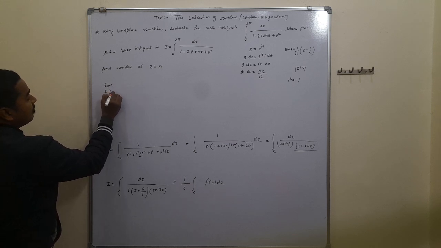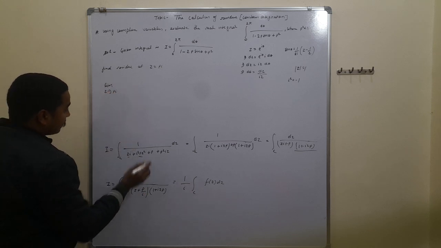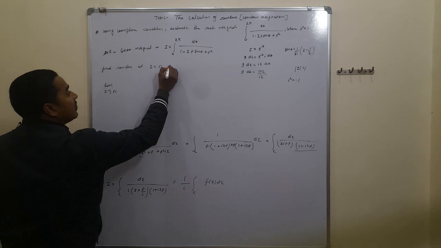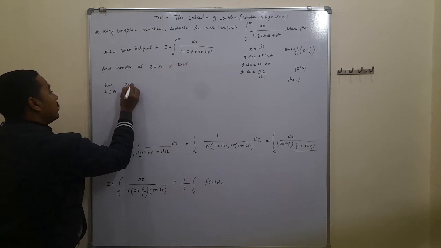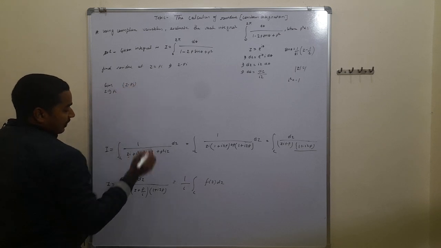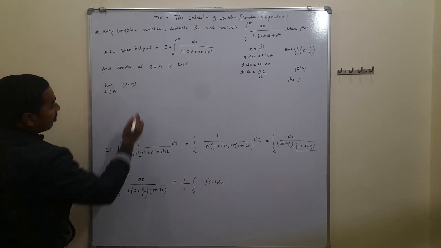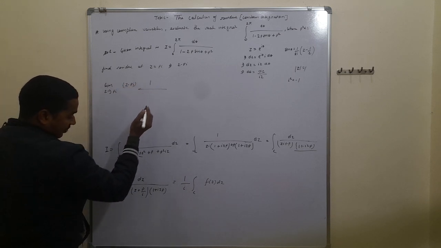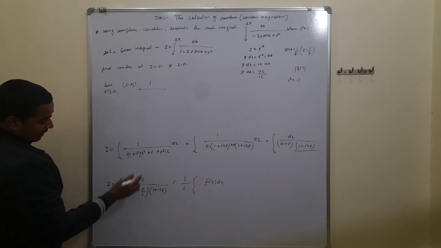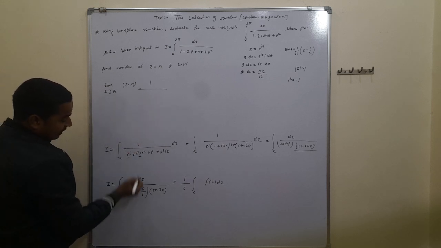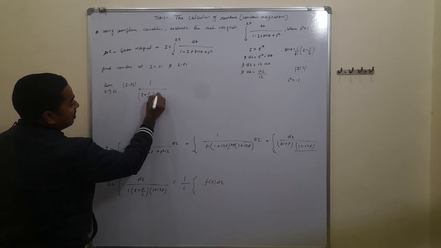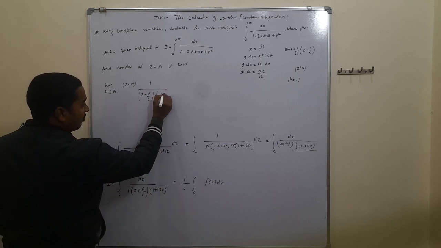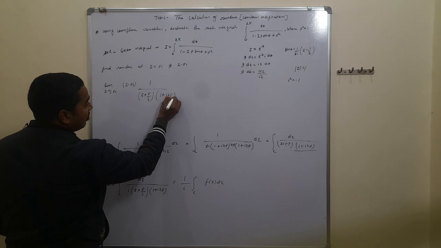z tends to pi, and here we can write z minus pi, and the remaining is 1 upon z plus p upon i, and the second bracket is 1 plus izp.